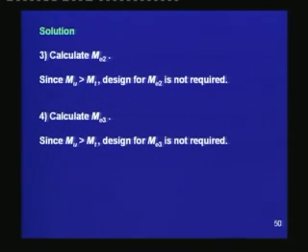The third step is to calculate the other equivalent moments, ME2. Now, in this example, MU is larger than MT, and hence design for ME2 is not required. The fourth step is to calculate ME3. Here, since MU is larger than MT, design for ME3 is not required.